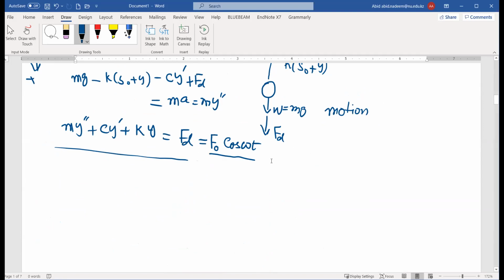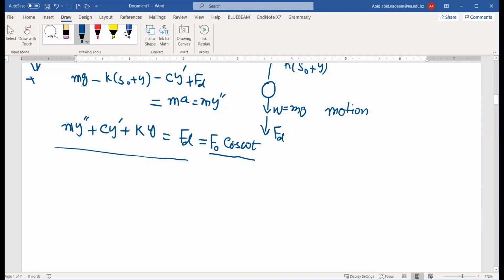Because with F naught times cosine of omega t, for some values this force will be positive and for some values it will be negative. Depending on the values of cosine of omega t, it oscillates between plus and minus, which means the direction of the force will sometimes be downward and sometimes upward.